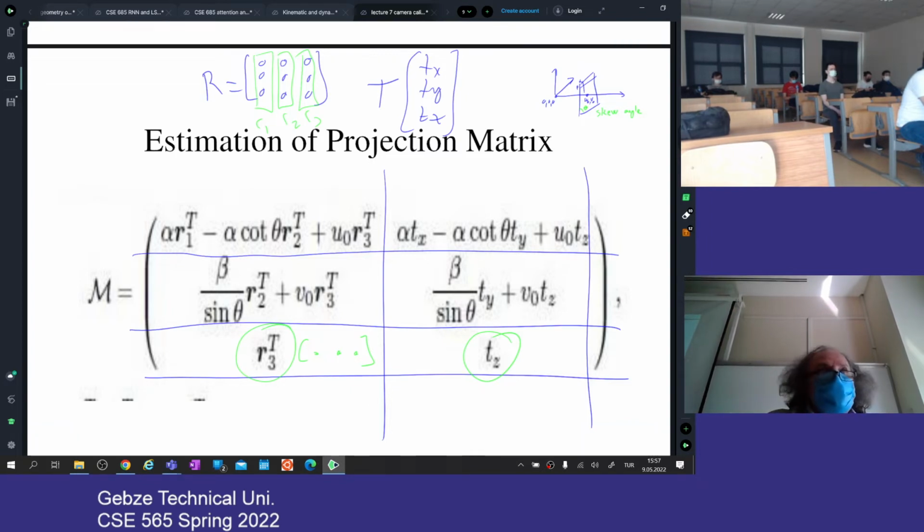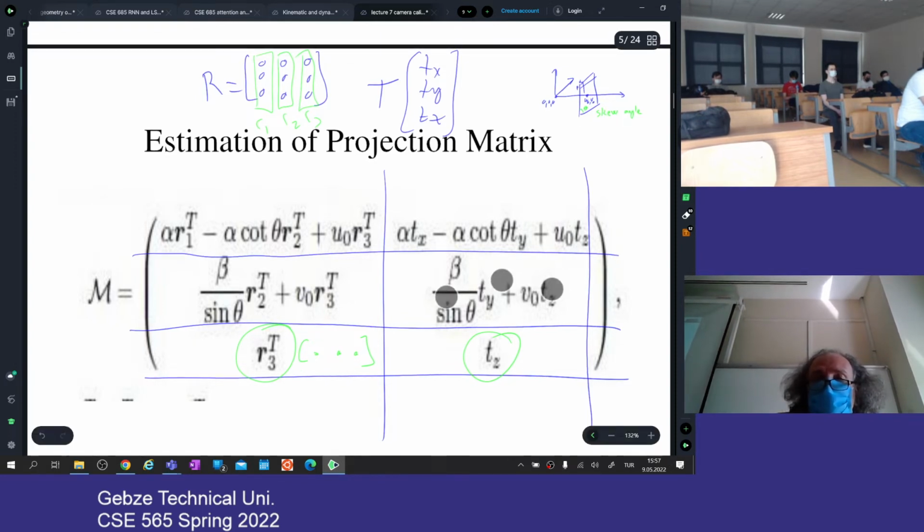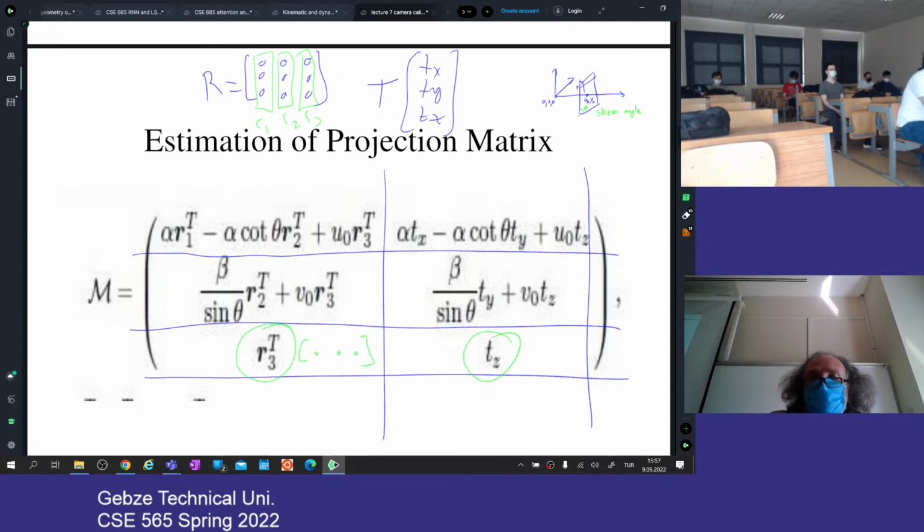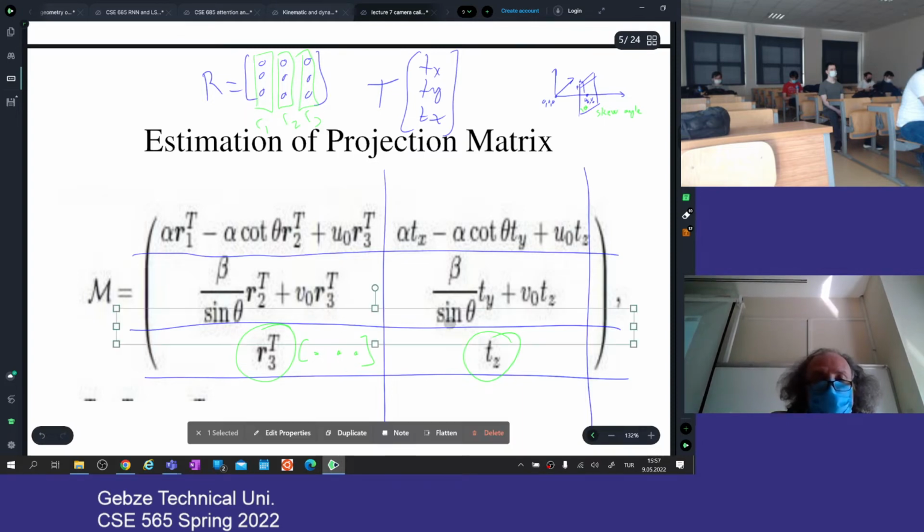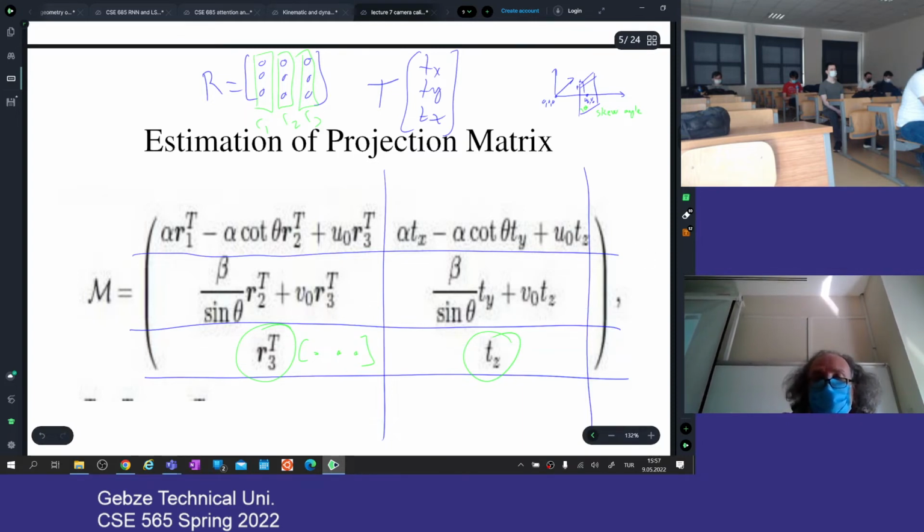The rest of them I don't know, because each is just a number, an element of M, that tells you very little about V0, TZ, TY, beta, or sine theta, because these are just multiplications and additions of those values. So it is our task to go back and calculate those values. We are going to do that.